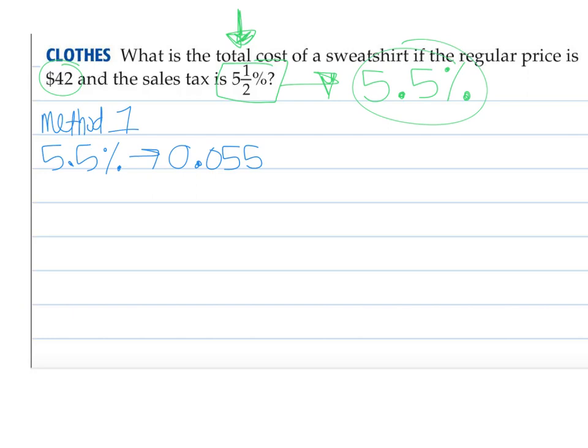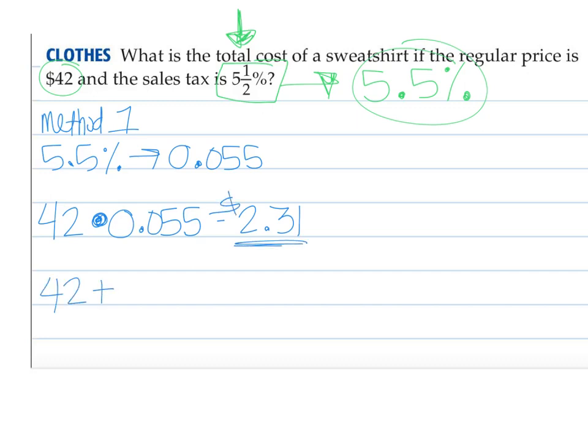Now I take my total and I do 42 times 0.055 and I get $2.31. This is my sales tax, and then I have to add it to my price. 42 plus $2.31 is $44.31. And don't forget the dollar sign.